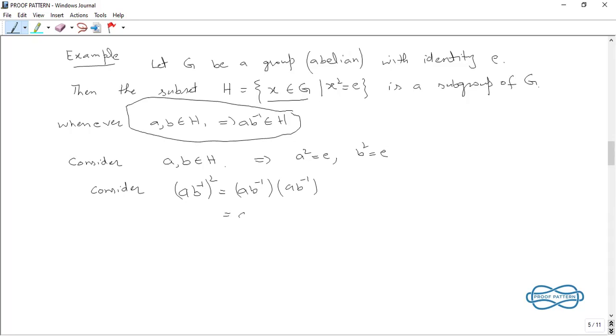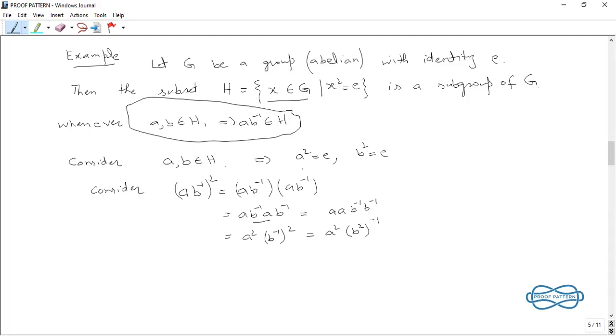Since the associative law holds, and since the group is abelian, this can be written as A square and B inverse square, and this can be written as A square and B square whole inverse.